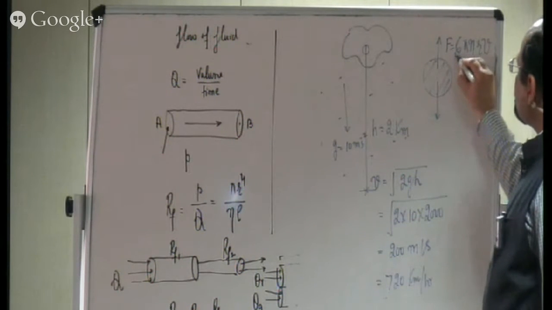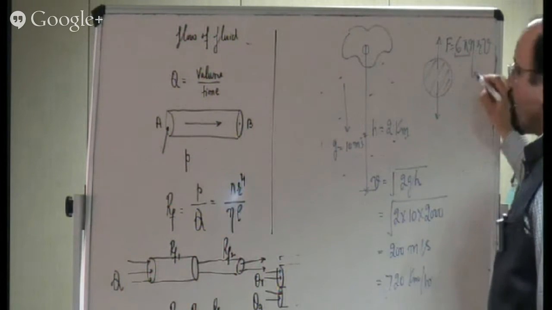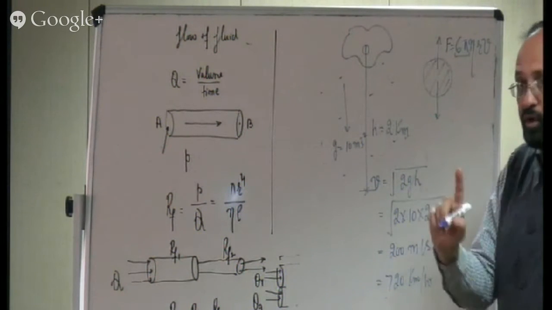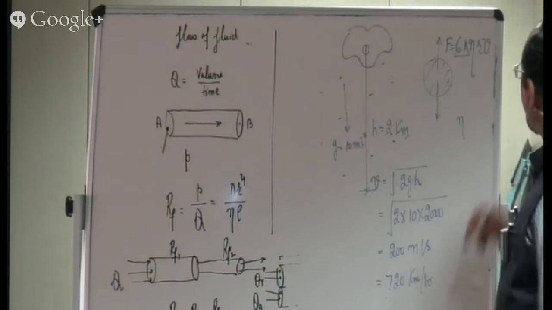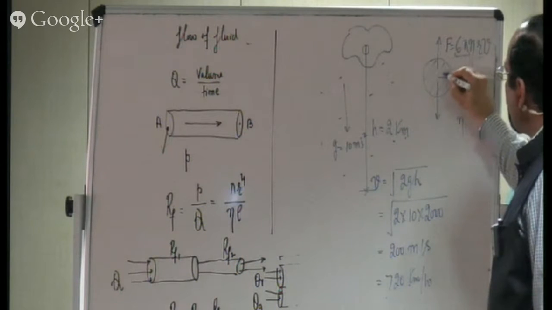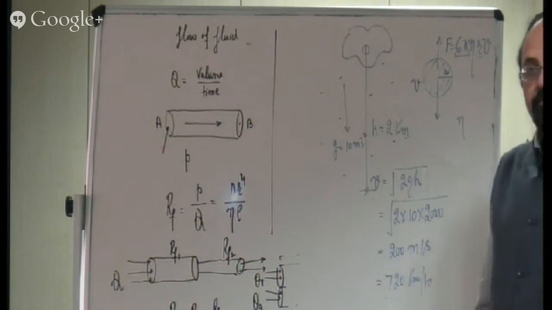This factor of 6 pi is because of the spherical drop. Eta is the coefficient of viscosity, not of the water, but of the fluid in which it is moving. r is the radius of this drop, and v is its instantaneous velocity.